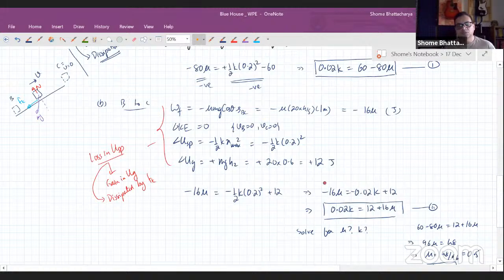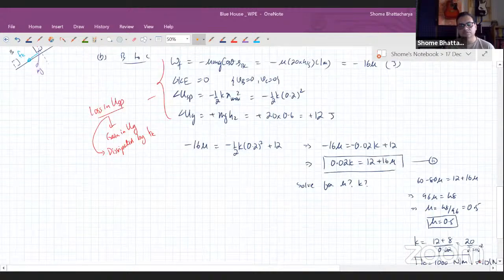So the spring is losing this much energy, minus half kx square. Part of it is going into this plus 12, which is a gain in gravitational potential energy, but part of it is energy dissipated by friction. So that's how the second equation comes, and the rest of it was just solving of the equations.